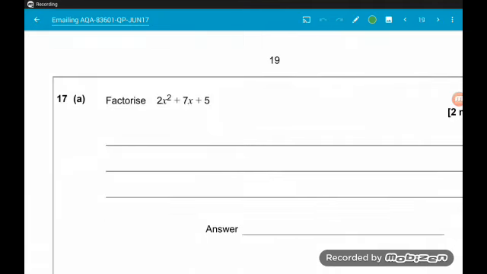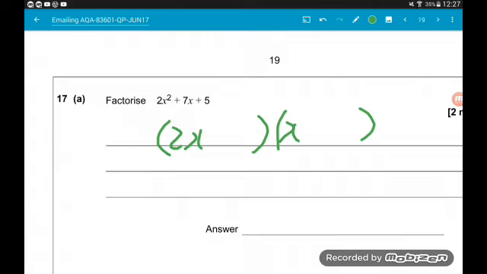Okay, question 17, we're nearly there guys. We want to factorise 2x squared plus 7x plus 5. So we want two sets of brackets. One of them is going to have a 2x and the other an x. Now we need two numbers that multiply to 5, such that they multiply 2x and x to add together to give us 7x.